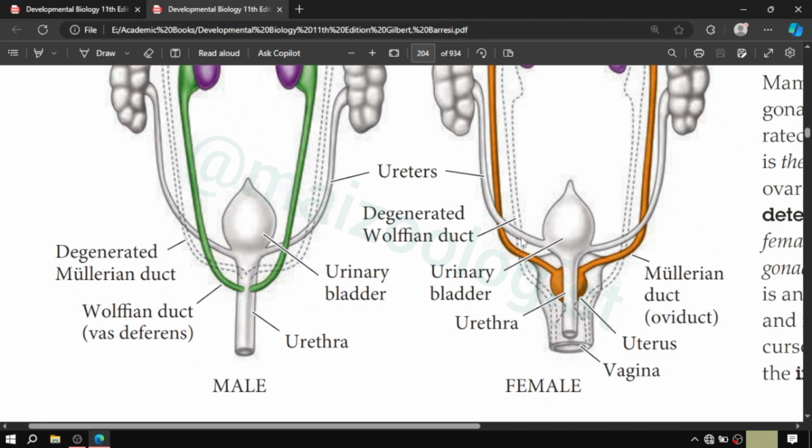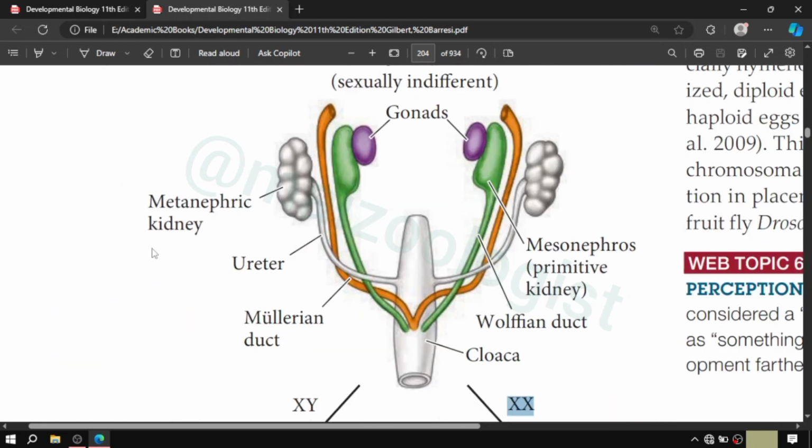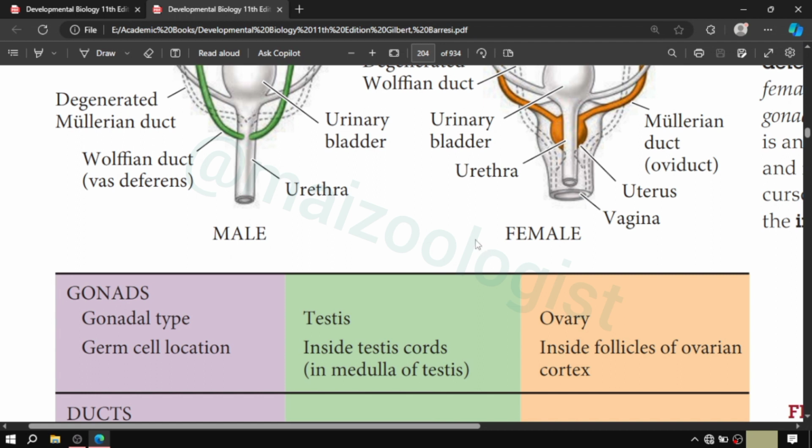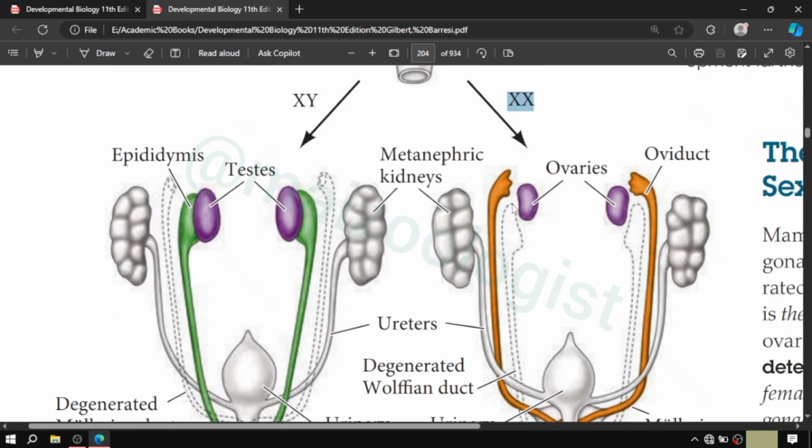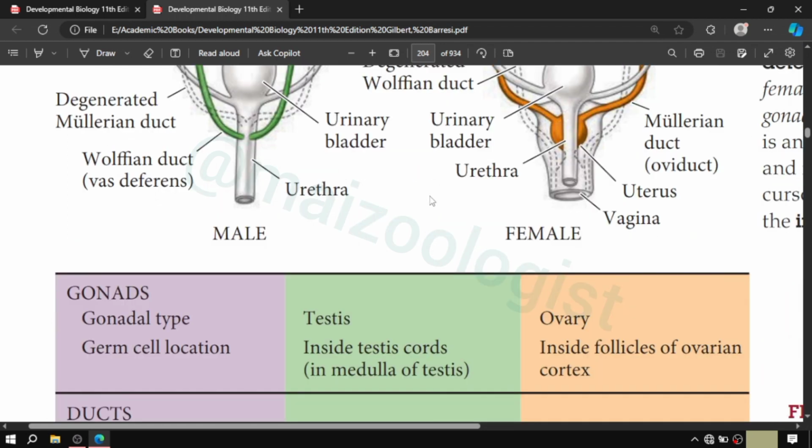And in the case of females, the Wolffian duct is degenerated. However, the Mullerian duct is present. We're going to get into the detail of that, but I just need you to know these couple of things, that what is going to change into what, and what is going to stay and what is going to go.